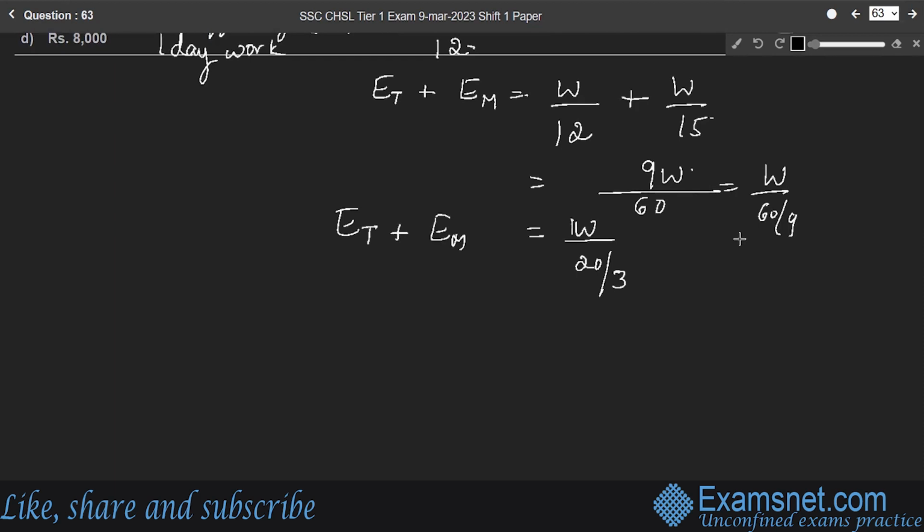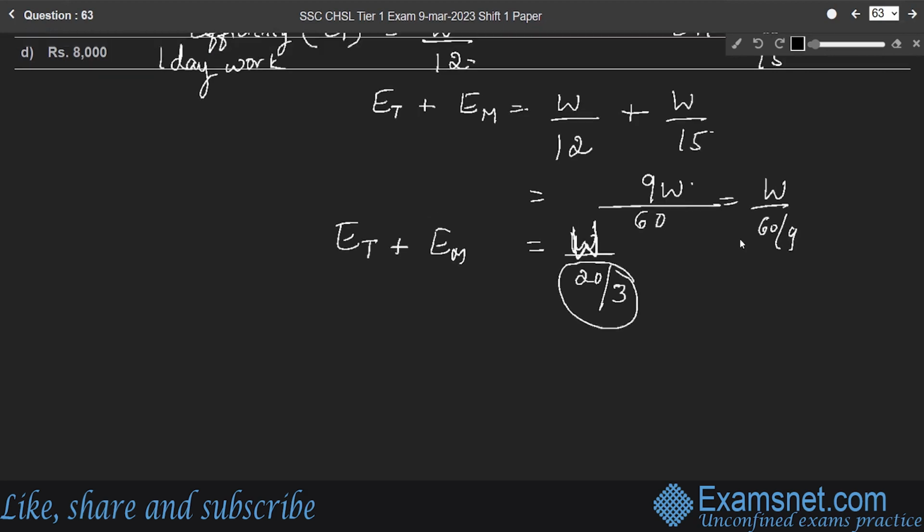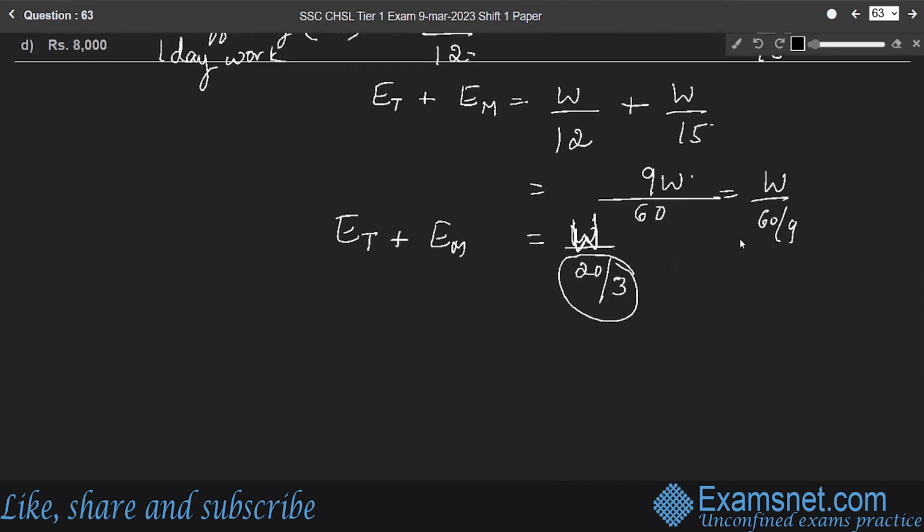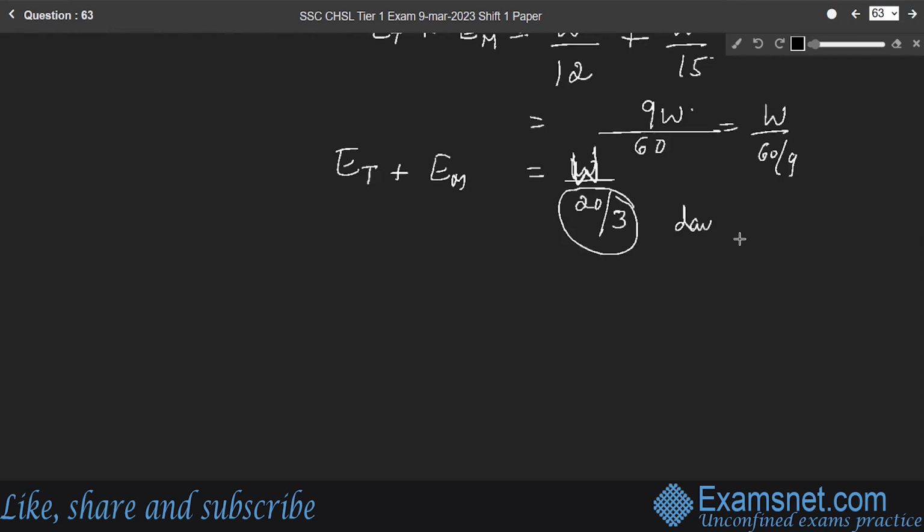Therefore, to complete W amount of work, they'll take 20 by 3 days of time, if they start working together.